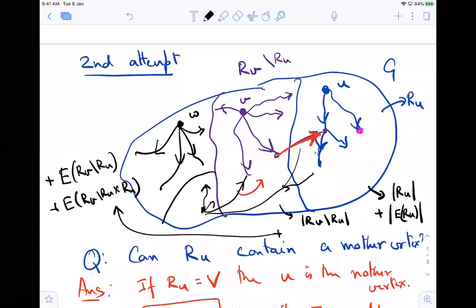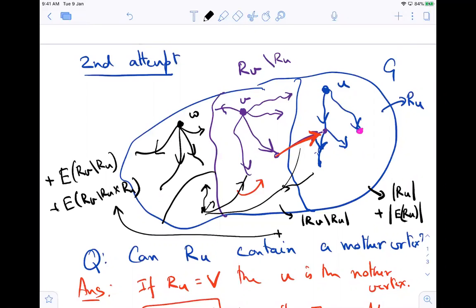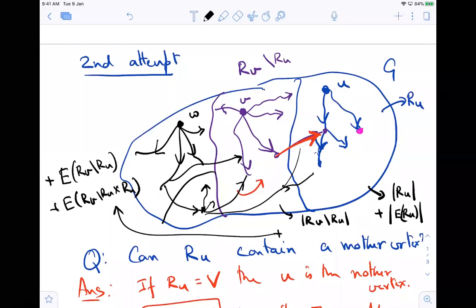It means that starting from W, I can reach all the other vertices that were not touched. There can be edges from here to here, there can be edges from here to here, but I still don't know whether W is a mother vertex or not.